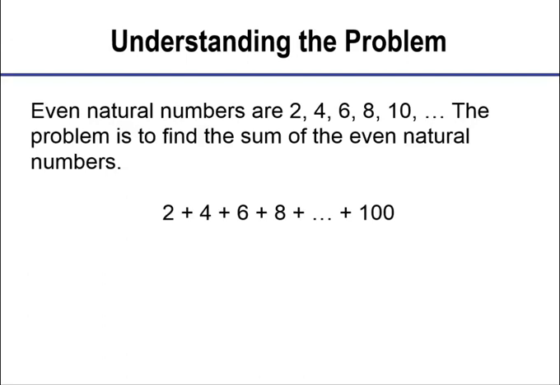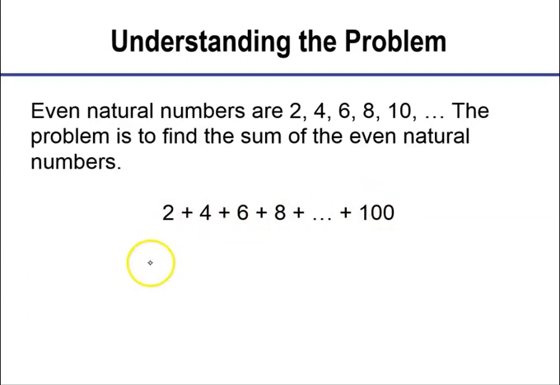Now we need to devise a plan. What could we do? How could we use the last strategy to get us there? Well, one thing I've thought about here is, look, these all have a 2 in common. What if we factor that out?